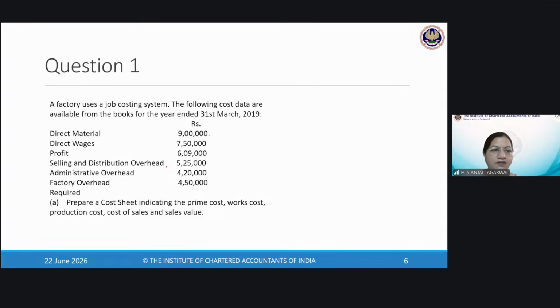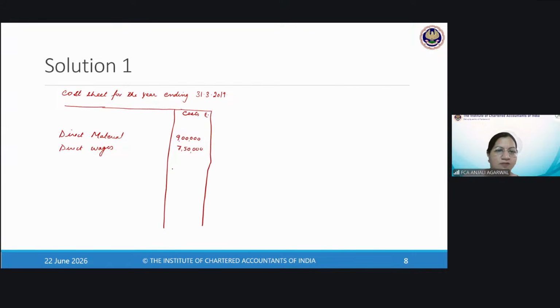We are not interested in that now. Selling and distribution overheads will come later. Administration and factory overheads all will come later. There are no direct expenses here, so this becomes your prime cost, 16,50,000.